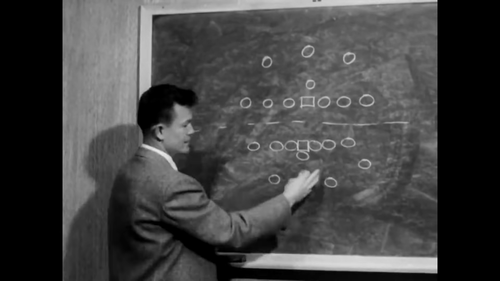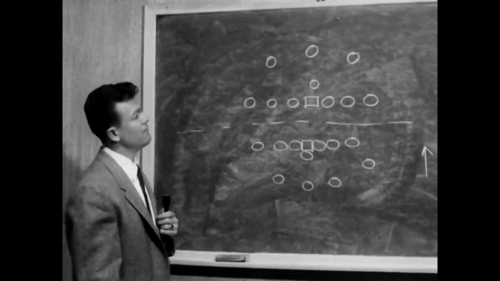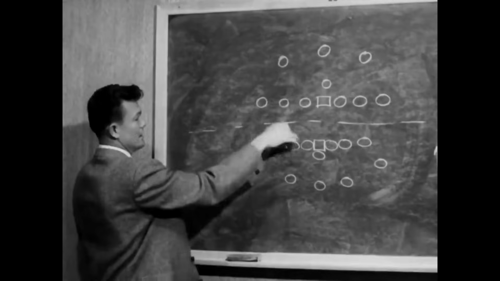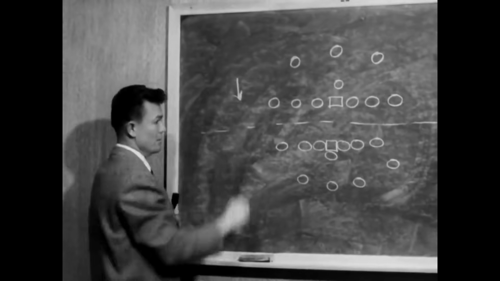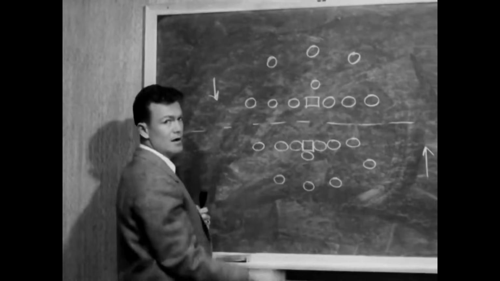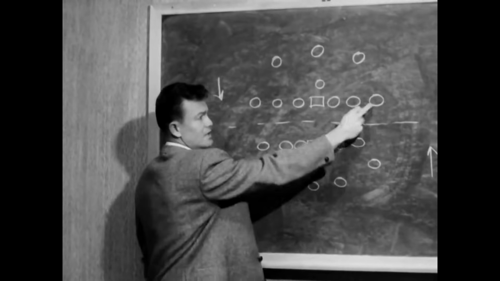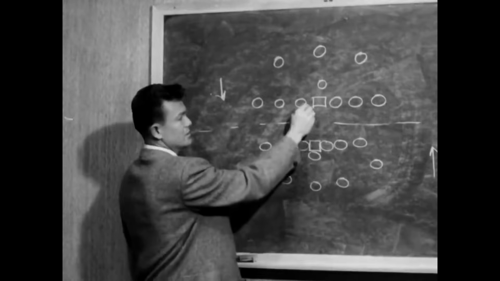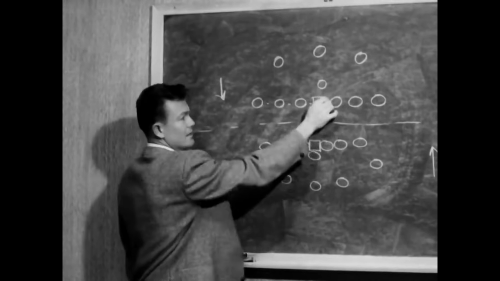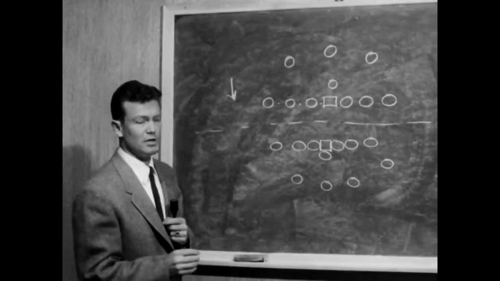Now, if you'll visualize, the tight T at the bottom is coming up the board with their offense, and the split T that's above will be coming down the board. Now, in the split T, you'll notice that the guards are split out from the center. The tackles are split out from the guards, and the ends are split from the tackles. In other words, there's splits all along the line. And that's how the name split T was first given to this particular formation.